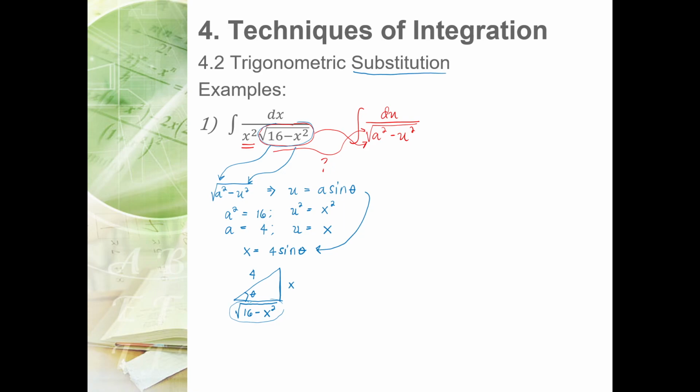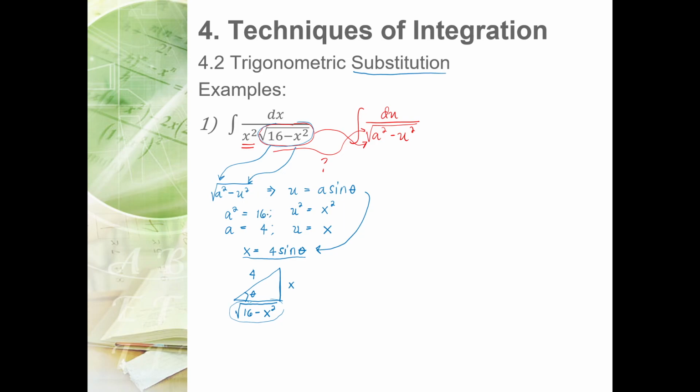And also notice that our formula is in terms of theta. X is equal to 4 sine theta. So we should expect that our format should be in theta also. All of the transformation will be on the theta parameter.